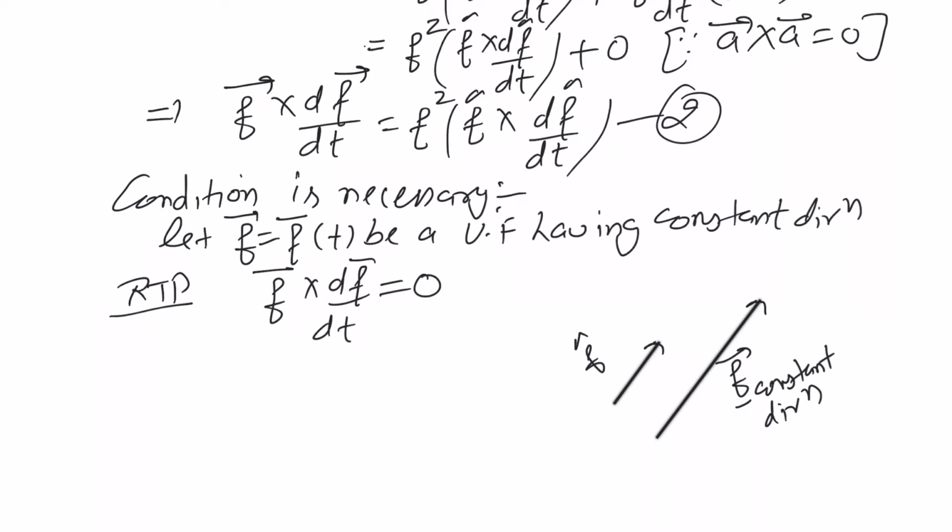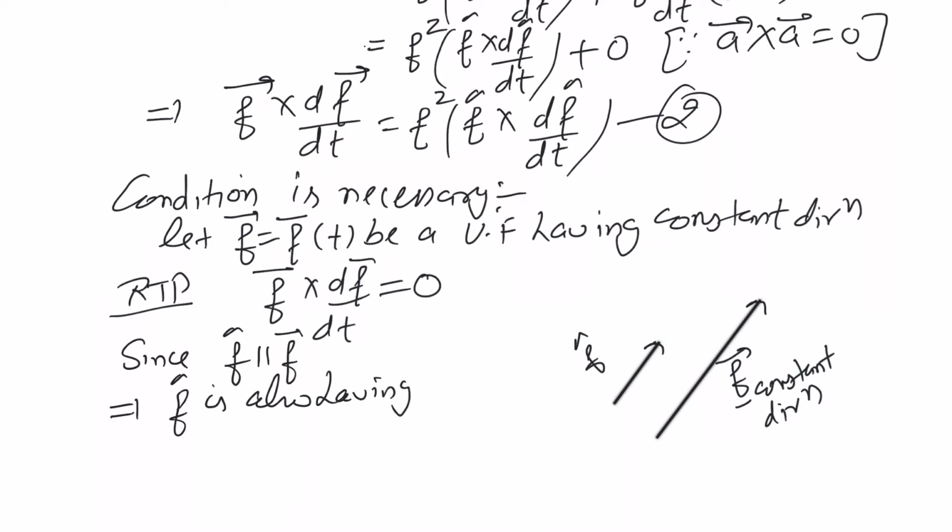So we can say that this f cap has become a constant vector. It has constant magnitude 1, and direction is parallel to this one. This is the constant direction we have assumed. So this f cap is also having constant direction, and its magnitude was already constant, so this will be a constant vector now. I am mentioning this argument since f cap is parallel to f. This implies that f cap is also having constant direction.